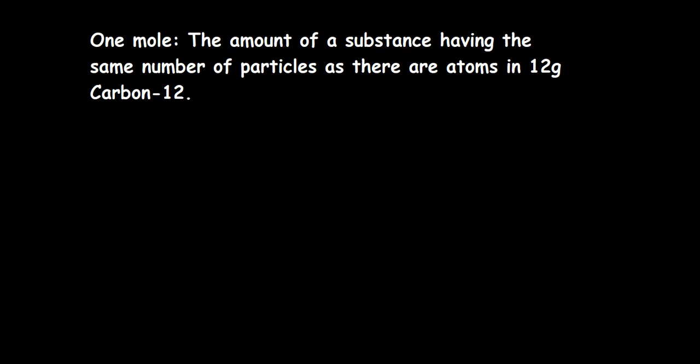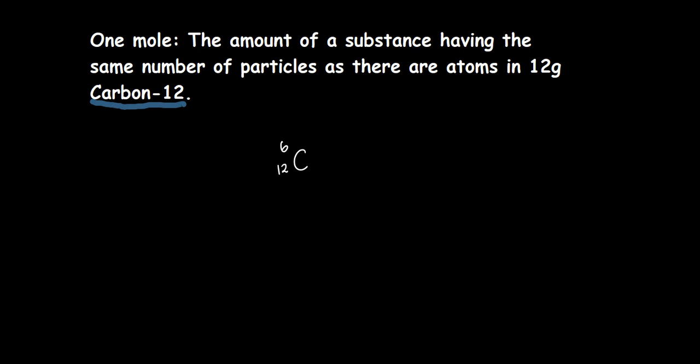And just to quickly explain this statement again so that it makes sense when you read it, remember that carbon 12 is a carbon that has an atomic number of 6 and a mass number of 12.